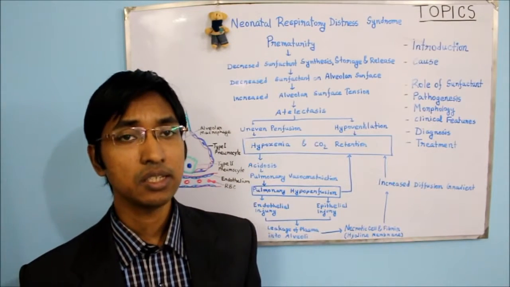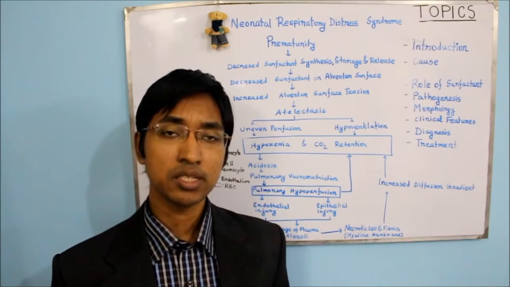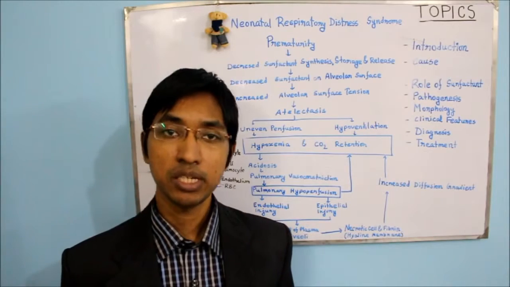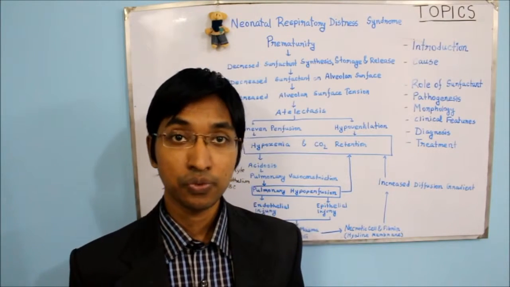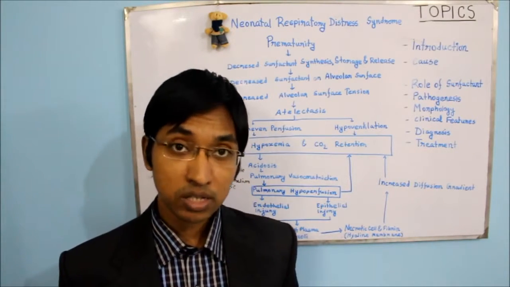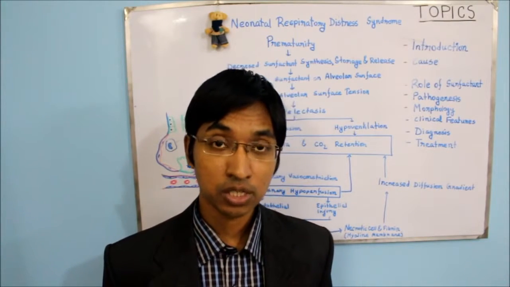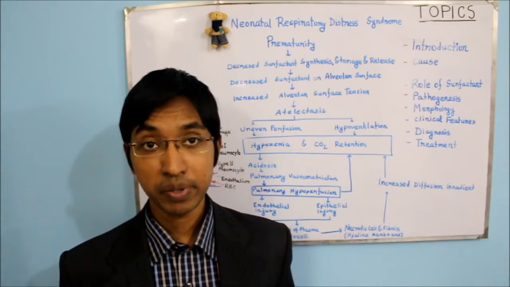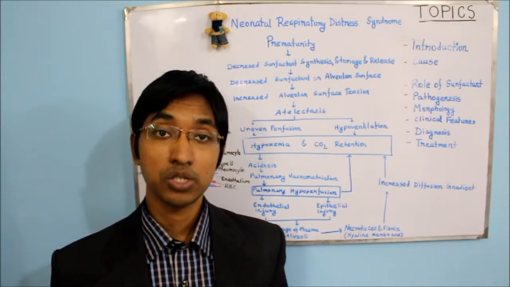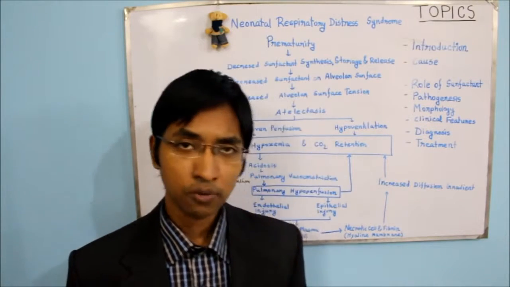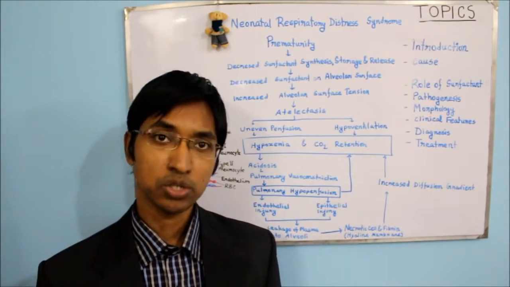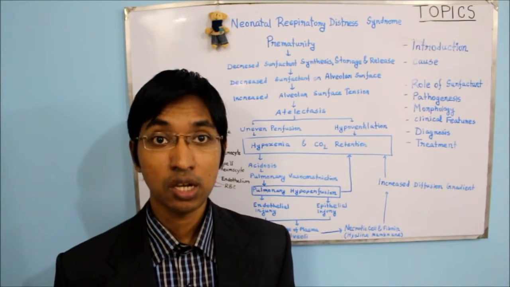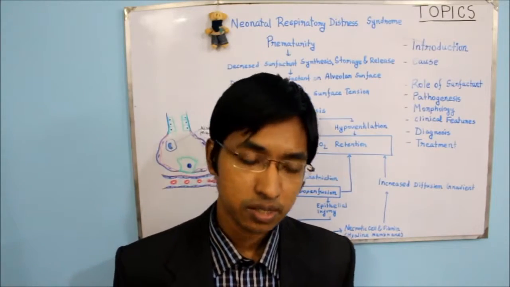And interestingly, the incidence reduces to less than 5% when the gestational age of the infant is more than 34 weeks. One reason is that surfactant synthesis accelerates rapidly after 35 weeks of gestation. So after 34 or 35 weeks of gestation, the surfactant level will be sufficient to counter this disease.